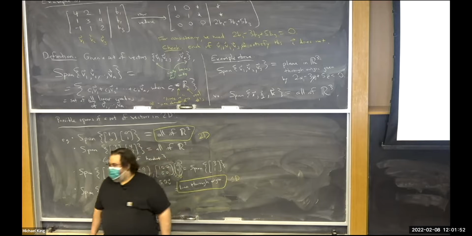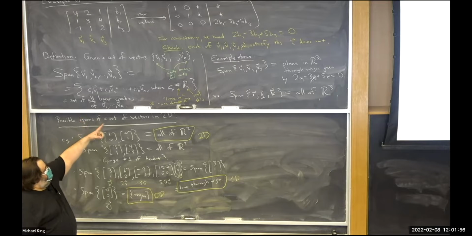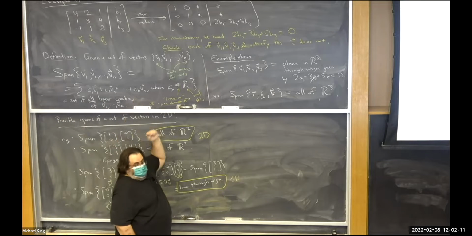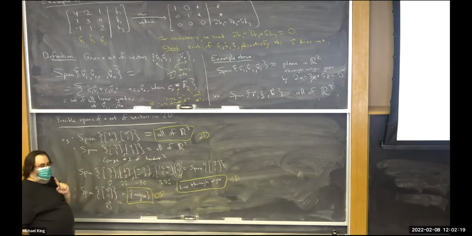And in the definition of span, the C's could be 0. If all those C's are 0, you get the origin, right? So the origin is in every span. Every span has to pass through the origin. It's an important point.